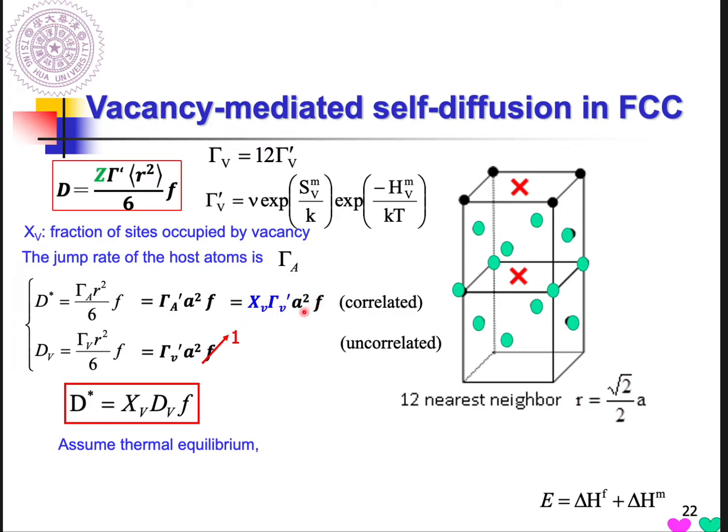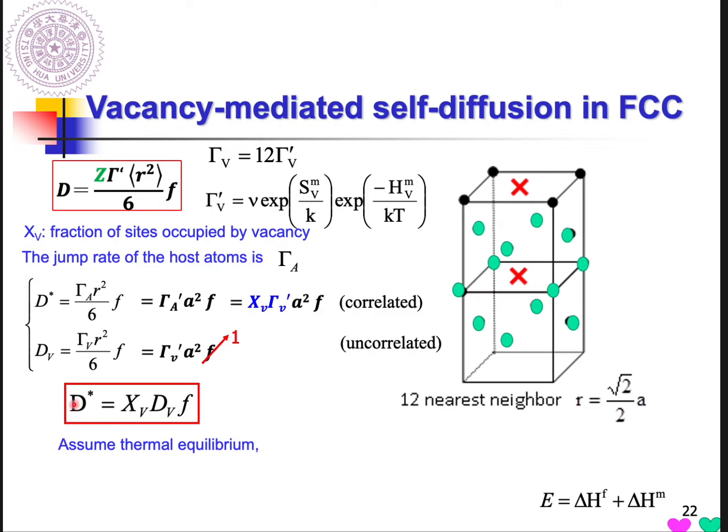XV and this one is dV times F. So based on this, the self-diffusivity of the atoms in FCC equals the atomic fraction of vacancy, the diffusivity of a vacancy, and the correlation factor F.